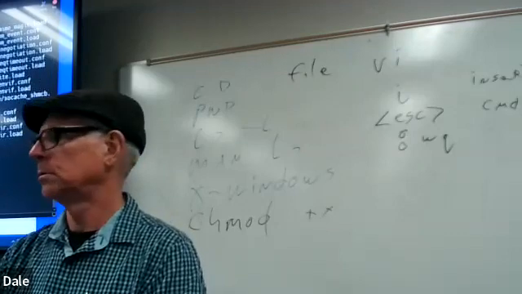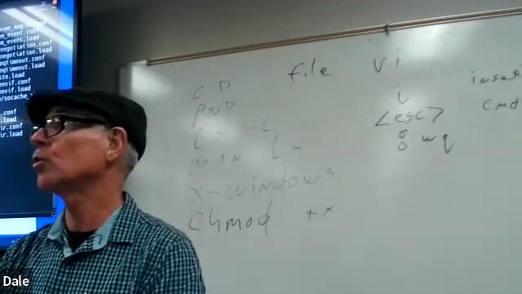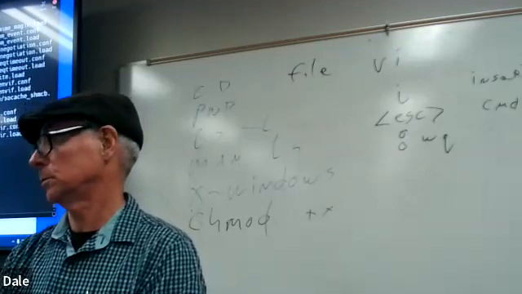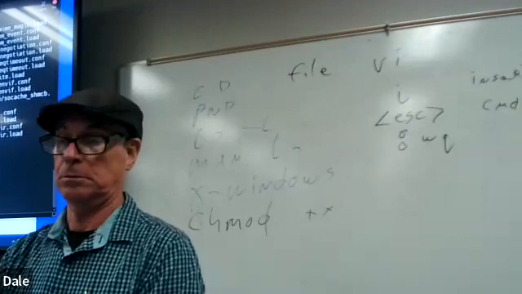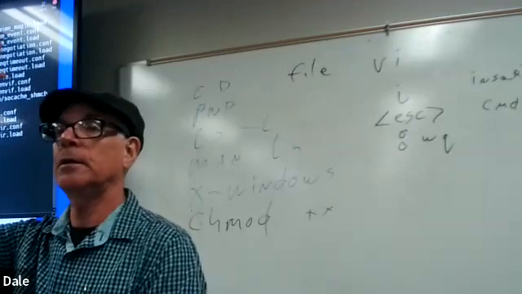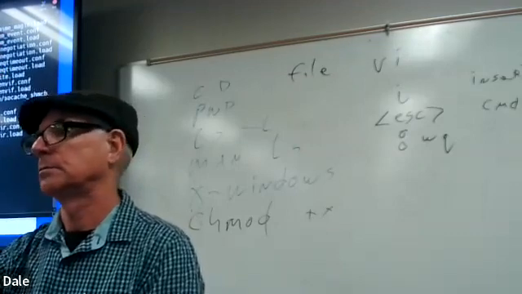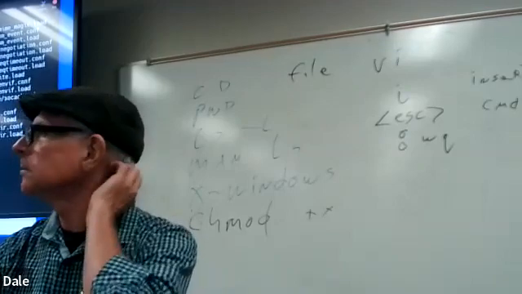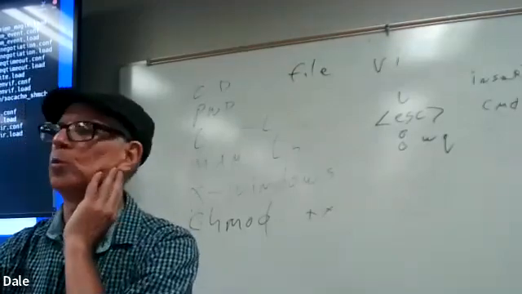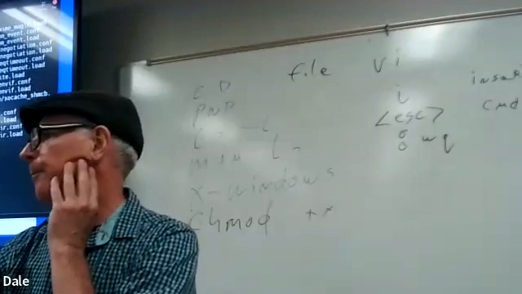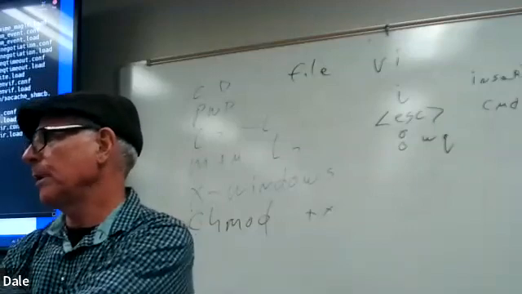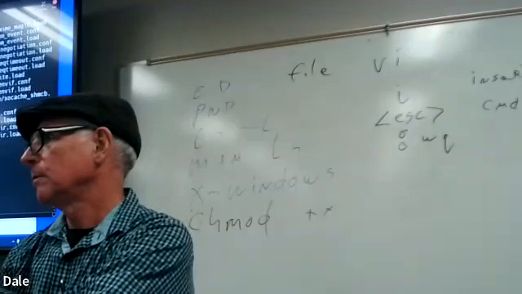Ooh. It says 0022. 0022. Yes. Guilty. I set the wrong UMask for you guys. You need 2. I have 2. You have 2? I have 2. You have 22. I have 22. I have 22 as well.